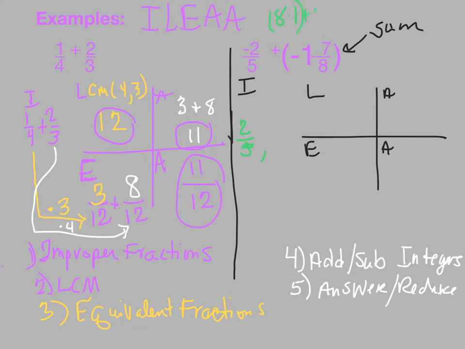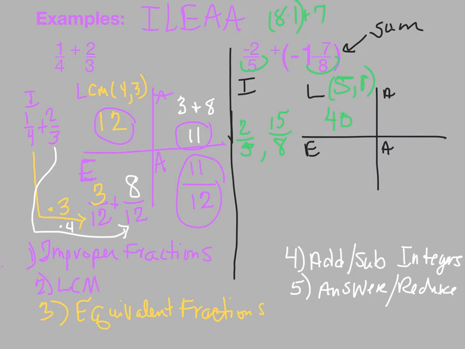I'm going to add that to 7. 8 times 1 is 8, plus 7 more is 15, so I've got 15/8 as my improper fraction. The least common multiple, I'm looking at both of the denominators. I've got 5 and 8. So the least common multiple of 5 and 8 is 40.